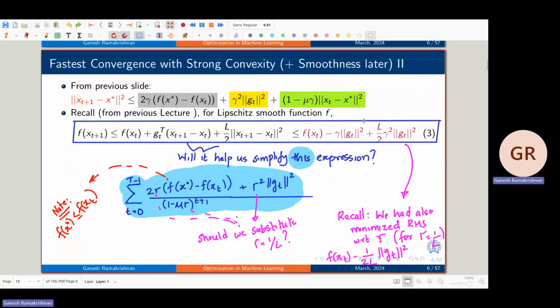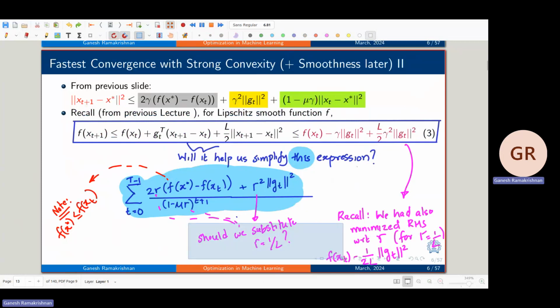Also recall that we had gotten rid of this gamma by minimizing the RHS with respect to gamma. That got us f of xt minus 1 by 2L norm gt squared. Perhaps some of those tricks might also resurface. The other important thing is f of x star is less than or equal to f of xt. So maybe that can also be helpful in simplifying some of these expressions.